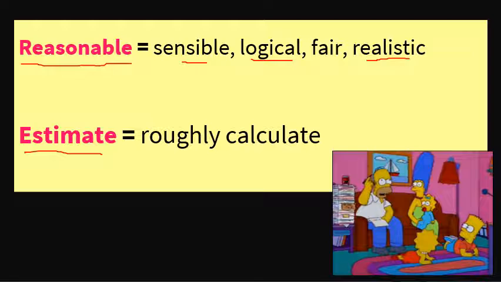It's not sitting there and crunching numbers in your head, coming up with the exact answer. That's not really what estimating is about. Estimating is just a rough calculation. It's supposed to be nice and quick, nice and easy, and then you move on to the actual calculation to find the precise figure. So 2 really important terms to keep in mind while we are doing this work this week.